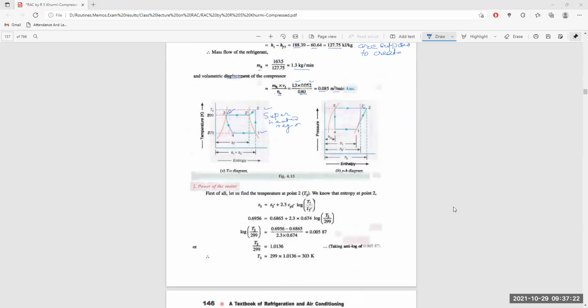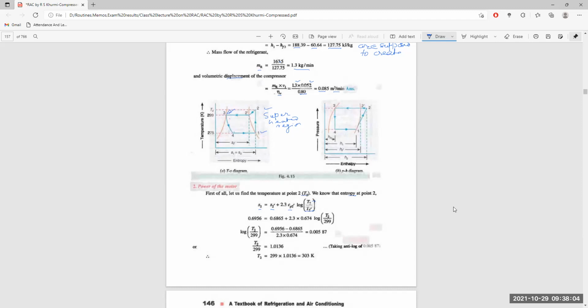Next, let us find out the temperature at the point T2. We have to know it first because we have to calculate the COP. So we have to know the temperature, then the enthalpy at the point 2. The entropy at the point 2 is equal to the entropy at the point 2 dash plus 2.3 into the specific heat of the refrigerant vapor at the point 2 dash multiplied by log T2 divided by T dash, meaning the temperature of the condenser divided by the superheated temperature of the vapor refrigerant.